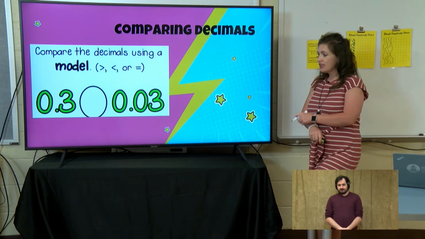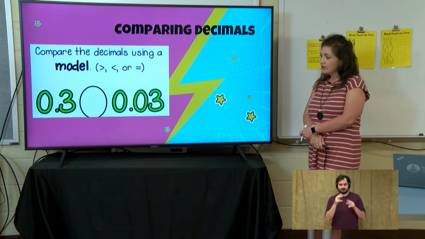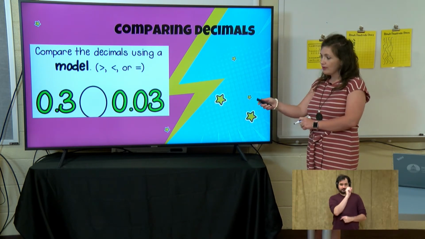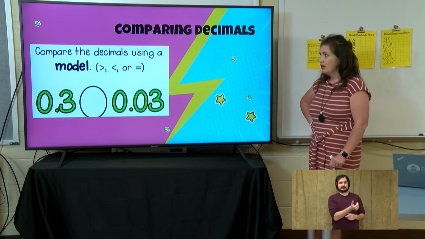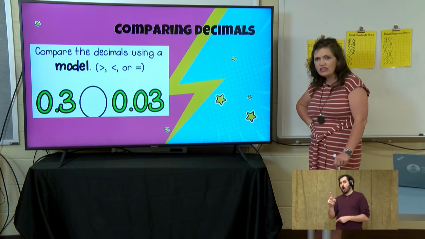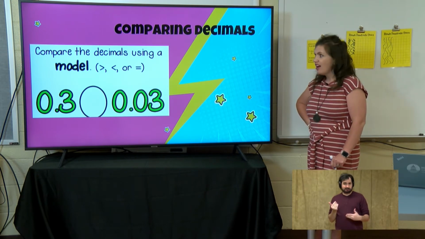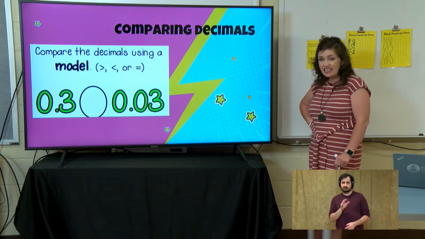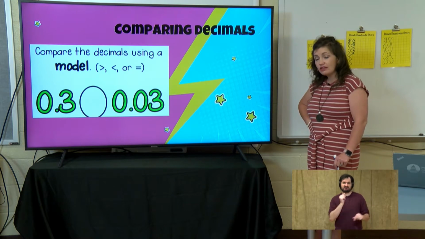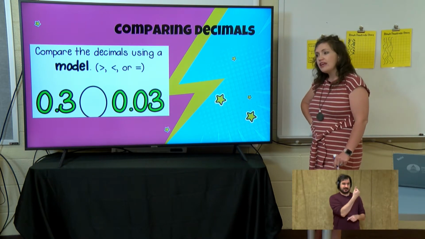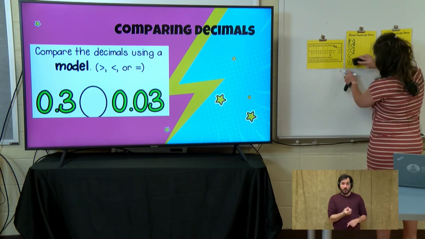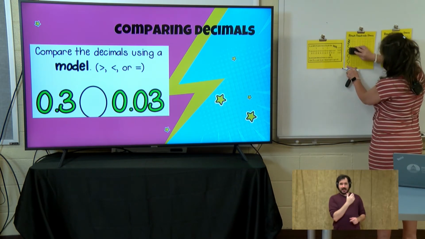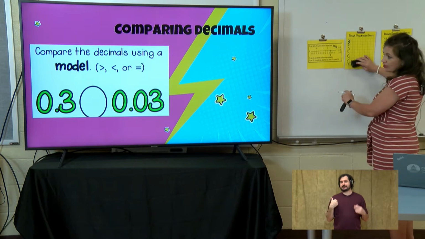All right, let's look at this one. Can you say the decimal? 3 tenths and 3 hundredths. Are those equal? No way. Is a tenth the same as a hundredth? No. If you have 1 tenth, how many hundredths do you have? 10 hundredths, right?